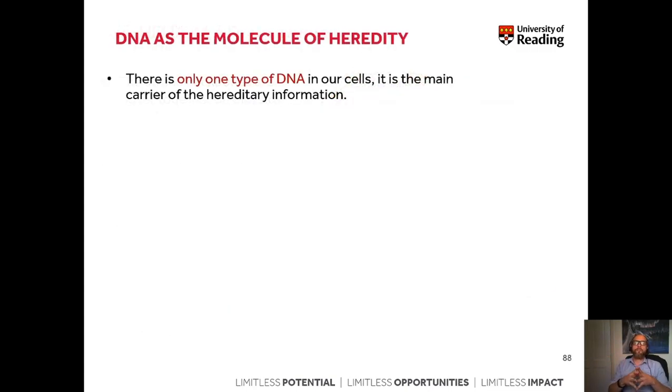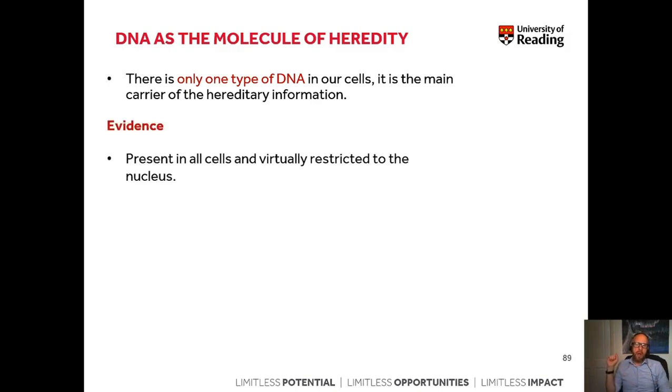Good, so we have already learned that DNA is the basic molecule of heredity. There is only one type of DNA in our cells, and it is also the carrier of hereditary information. The evidence for this is that DNA is present in all cells and virtually restricted to the nucleus.